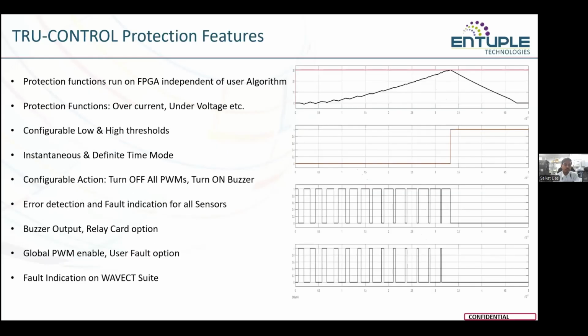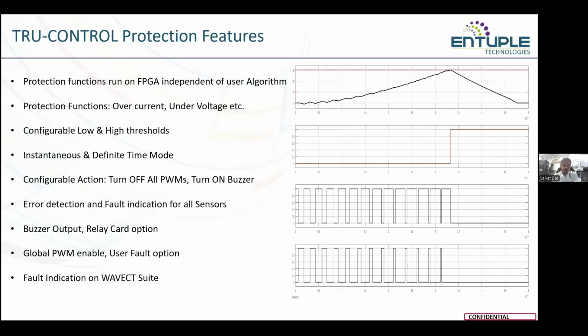Now, True Control comes with inherent protection features. As I told you, these protections run independent of the FPGA logic. They are generally over voltage, over current, under voltage, under current, as well as PWM short circuit protection.